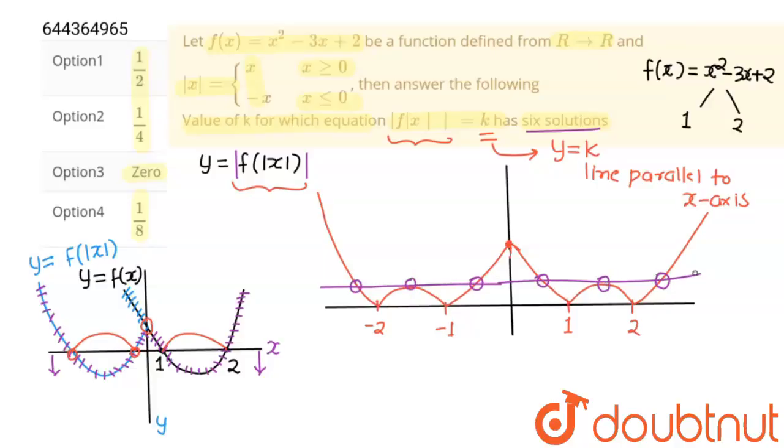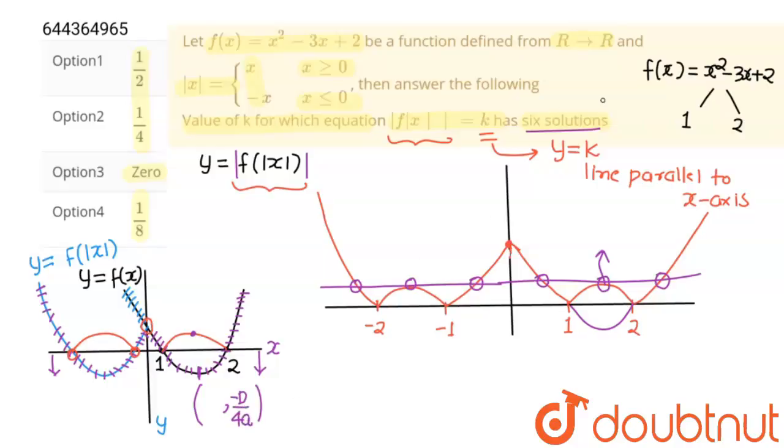Now we need to find the y coordinate of this point. If the y coordinate of this point is minus a, then the y coordinate of this point will be plus a. We multiply the negative sign with this, and we get its image in the x-axis. So let us find this point. In the quadratic chapter, we have all studied that this coordinate is minus D upon 4a.